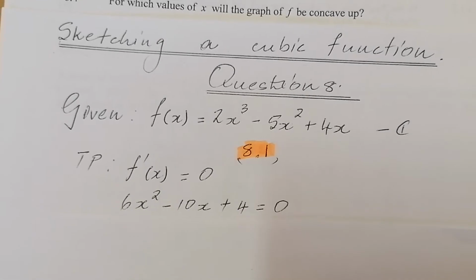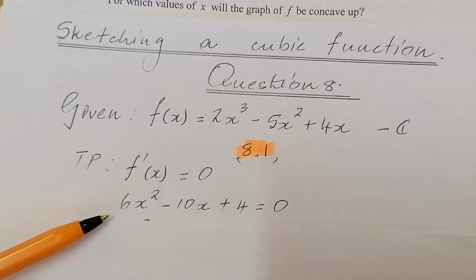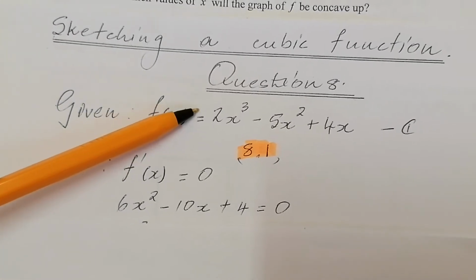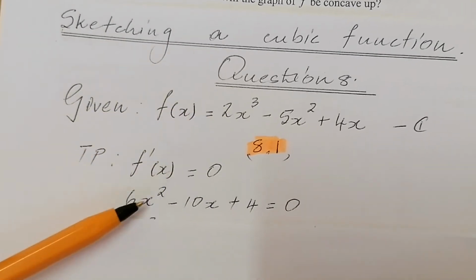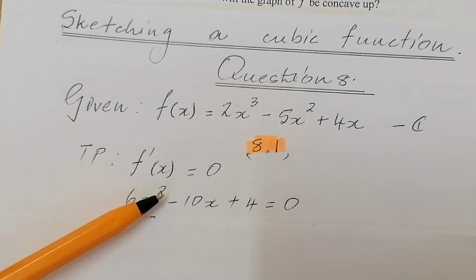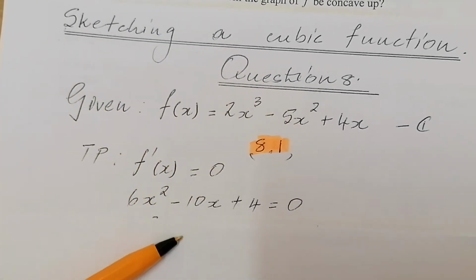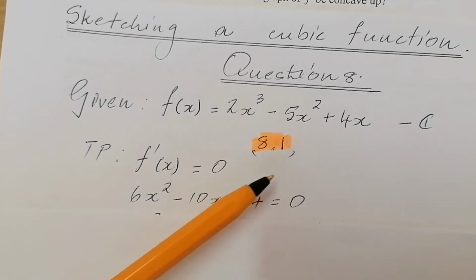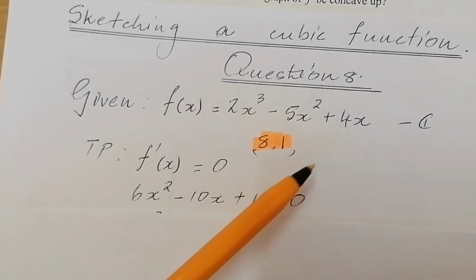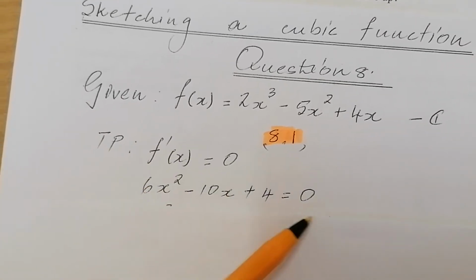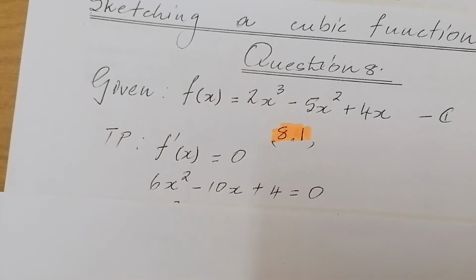Now, I moved on. I differentiated that function. The derivative of 2x cubed is 6x squared. The derivative of minus 5x squared is minus 10x. The derivative of 4x is plus 4. And remember, we said this is equal to 0.